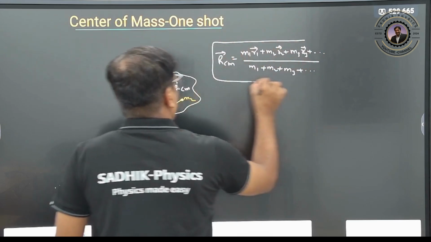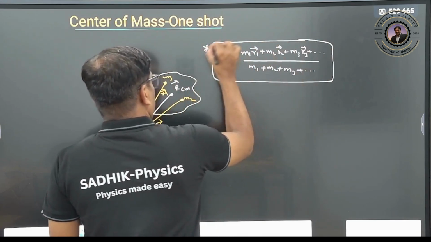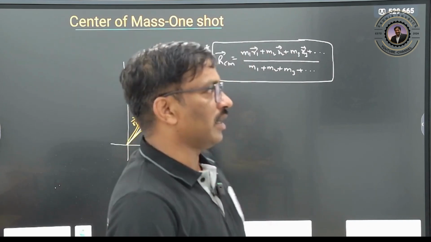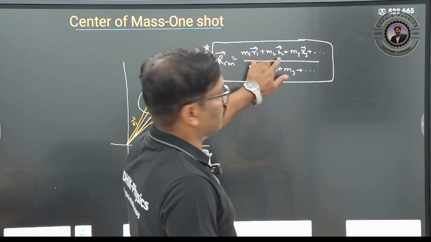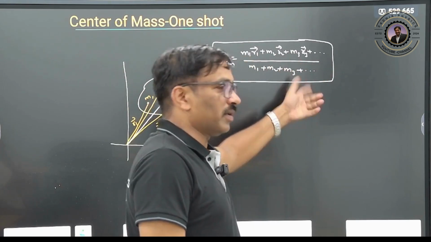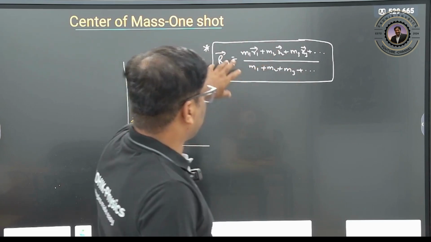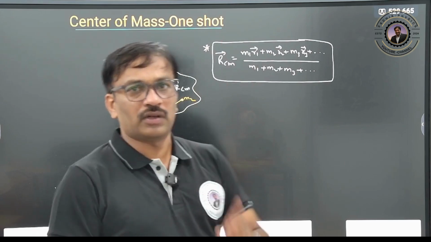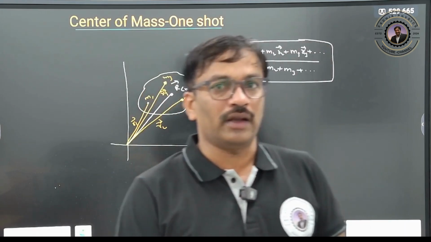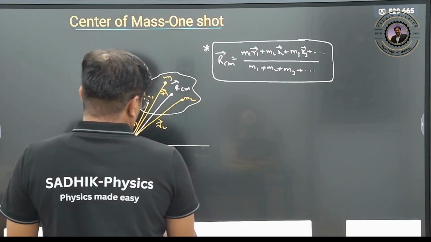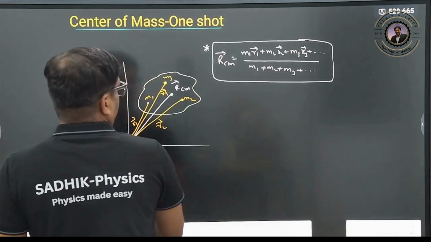This is your formula to calculate the center of mass. You might have studied XCM equals m1 x1 plus m2 x2 plus m3 x3 by m1 plus m2 plus m3, similarly YCM and ZCM. But in terms of vectors it is done in one go. We will always try to use this concept so that you can solve the problems very easily.